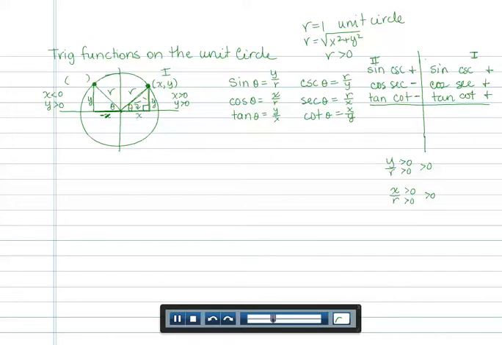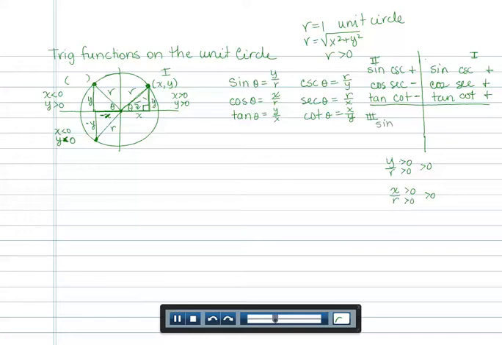So we did this exercise, and we also did it in the third quadrant. We drew a point, and this time we found that y is also negative. X is less than 0, and y is less than 0 in the third quadrant. The radius is always positive. Then we looked at our trig functions.